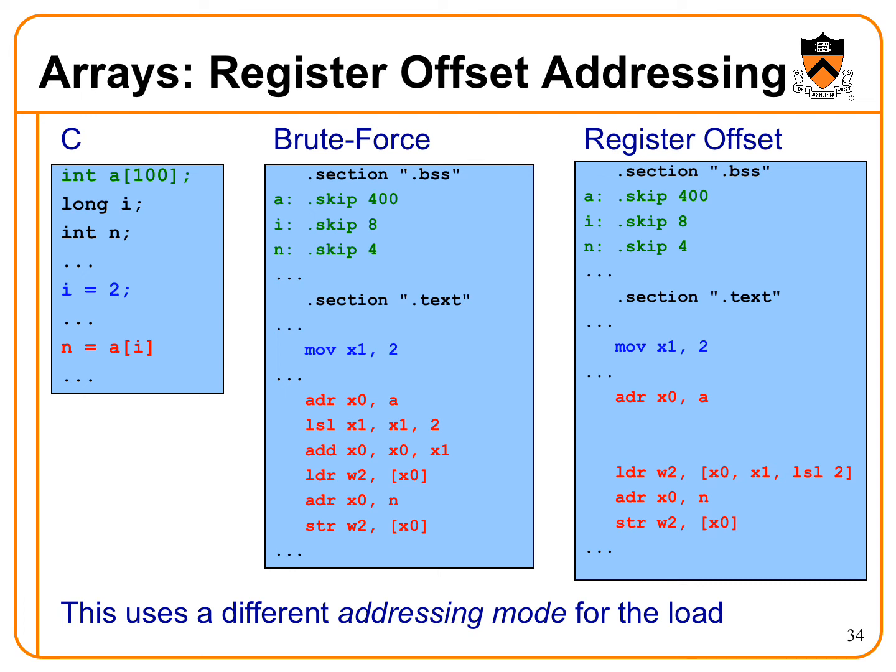But instead of loading from a W0 that was the result of 3 steps, an ADR, an LSL, and an add, we have x0 and 2 other arguments, x1 and LSL 2. Those actually look familiar. This is an assembly language shortcut for add the contents of x0 to the result of shifting the contents of x1 left by 2. So we've pulled the add and the LSL into our load.